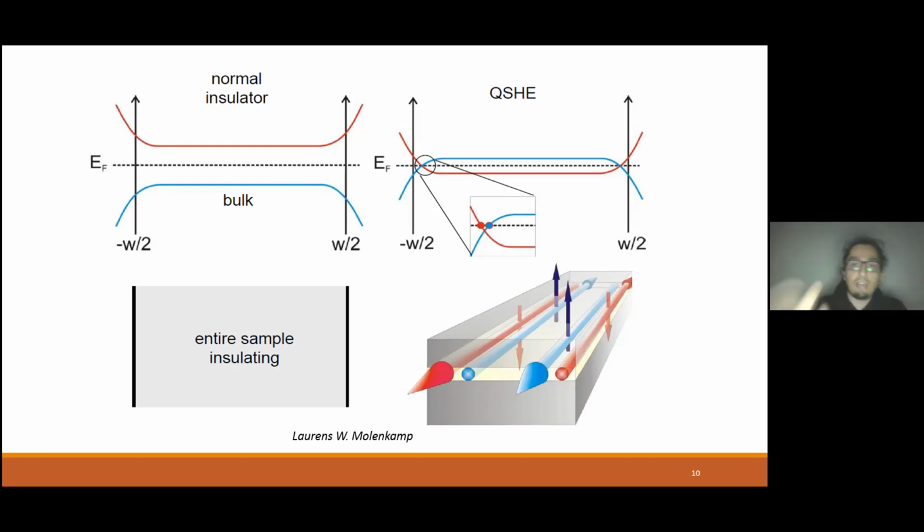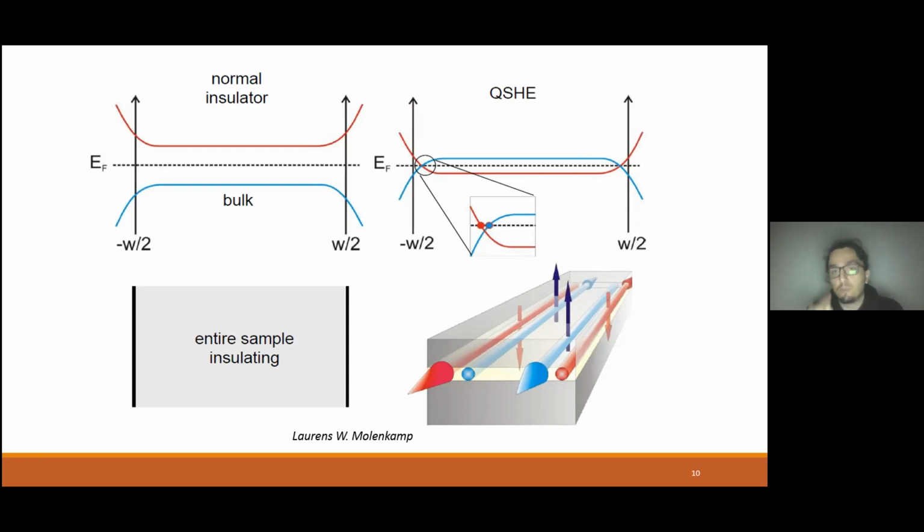When we look at quantum spin Hall effect materials, we see that these bands are inverted. At some points the material acts like an exact insulator, but at some states these bands are inverted and cutting each other at the Fermi energy level, as you can see in the square.